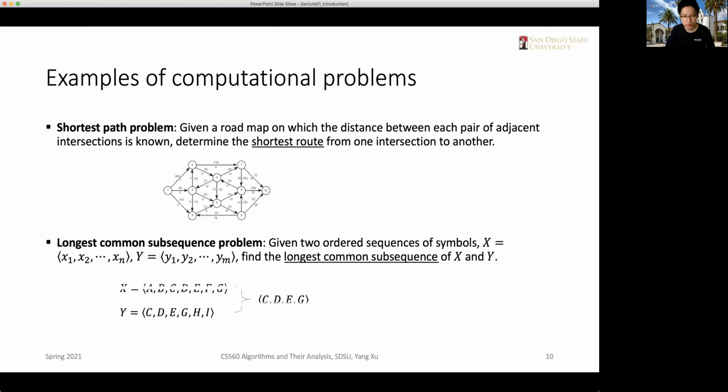Typically a dynamic programming approach needs to be used, which we will introduce during the mid semester.